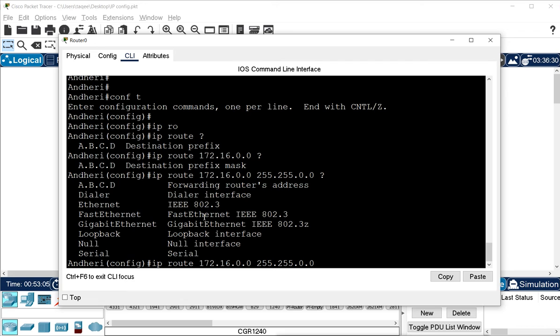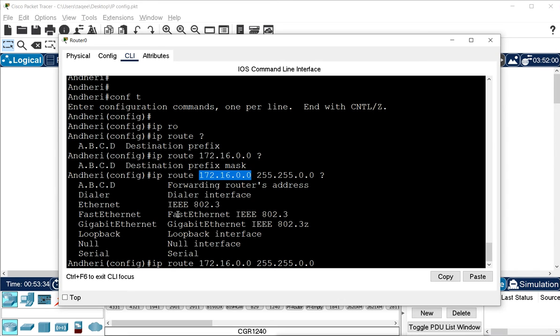Now what it says here, remember there is no CR here. CR means carriage return, and it is not showing carriage return. That means we have to make sure we give this information. Now what is this? It is saying mention the IP address for the forwarding router's address. That means we have to mention the gateway of the router from which we can reach this network.